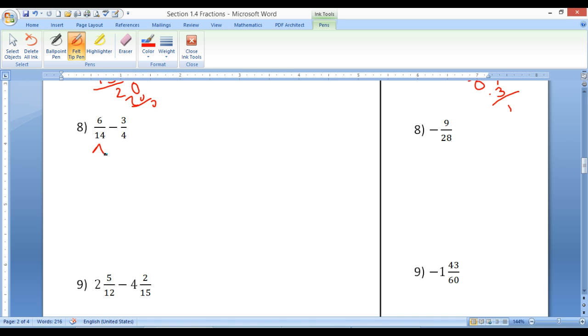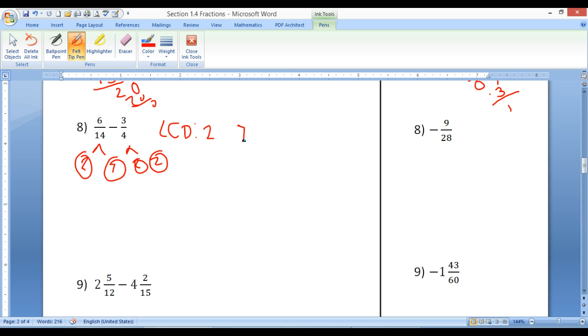I like the Cookie Monster method, finding all of the prime factors. 14 is 2 times 7, and 4 is 2 times 2. So for the lowest common denominator, I need 2's and 7's.